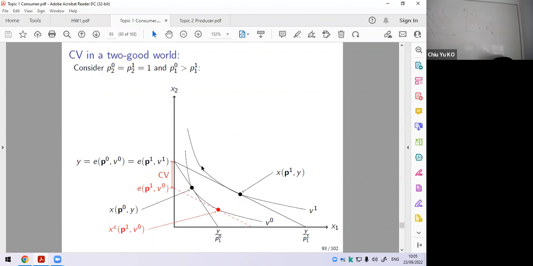It is the point where you keep the same utility, right? And when you jump here, there's the income effect. This is the substitution effect, right? And now you look at this.